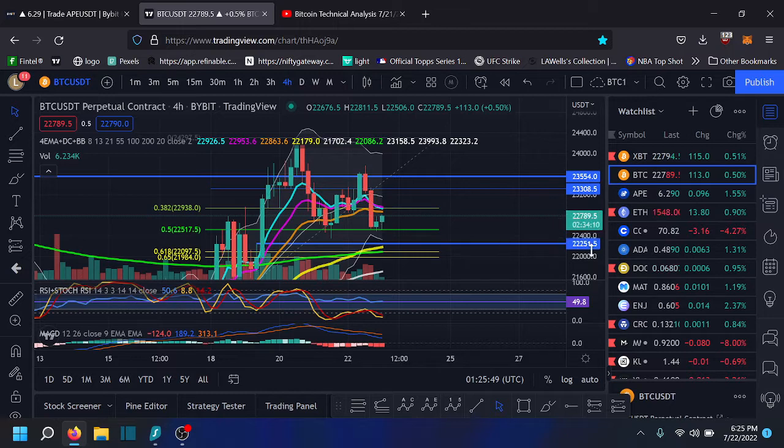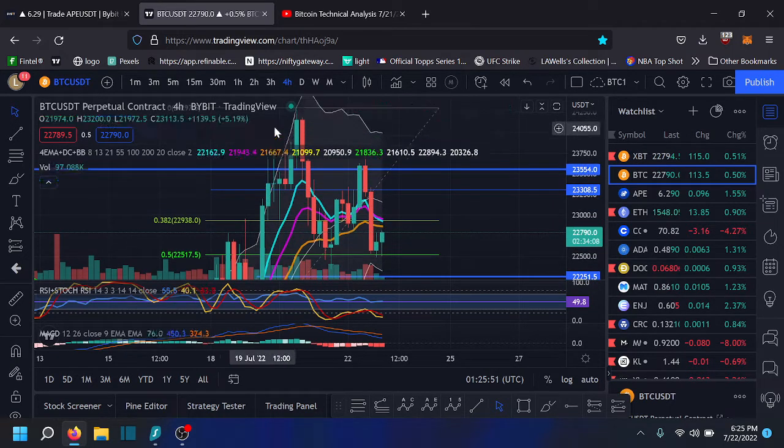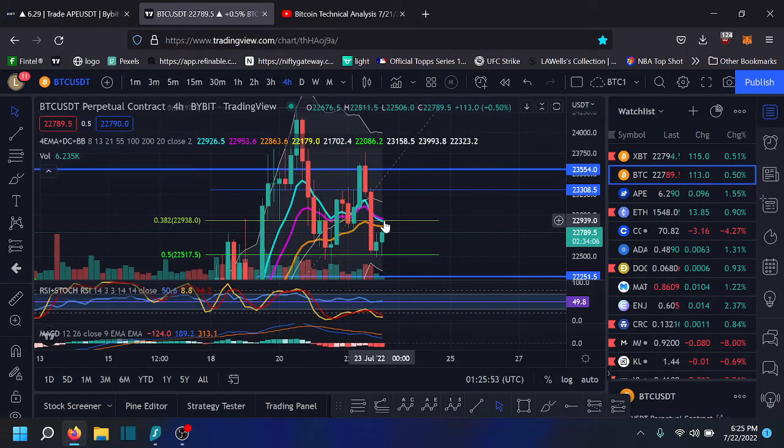So right now I do have a feeling that short term we're going to retest 23,000, 22,900, possibly even 23,200 again.